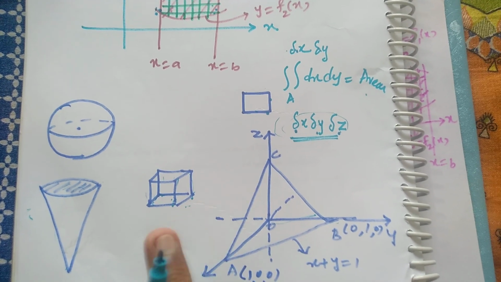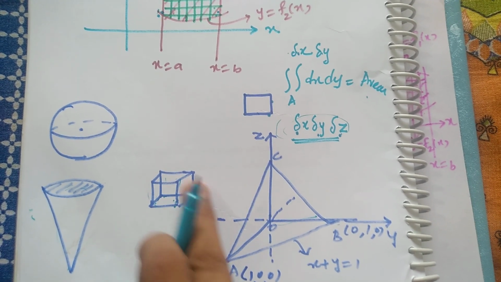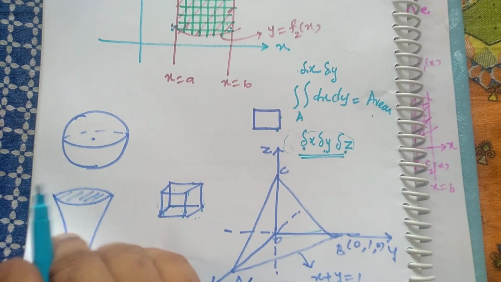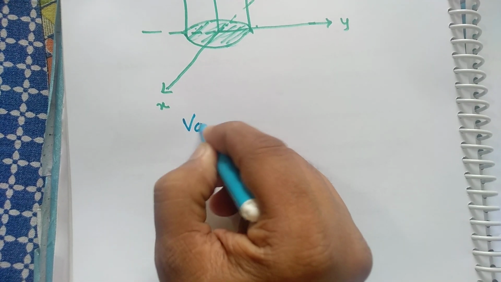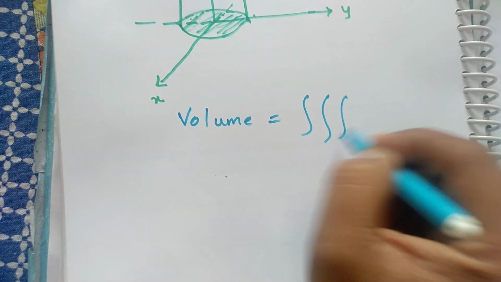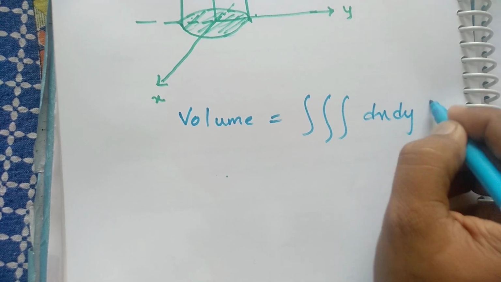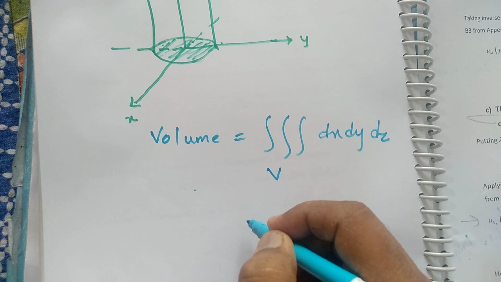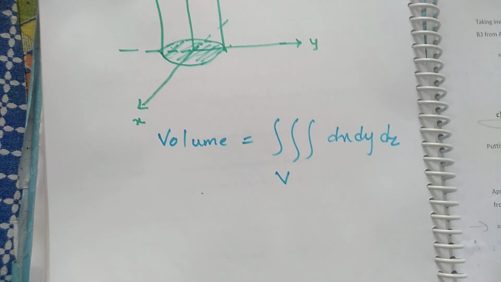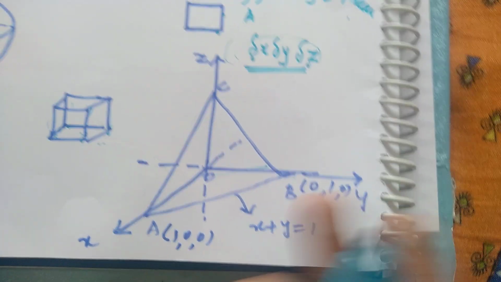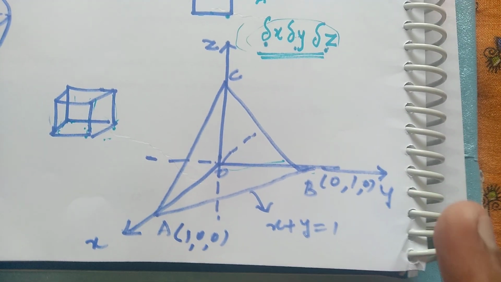You break the volume into rectangular parallelepipeds, and if you take the sum of the volumes of all of them, it is equal to the triple integration of dx dy dz over the volume V. There is a procedure for how to break the volume, which we'll discuss later.